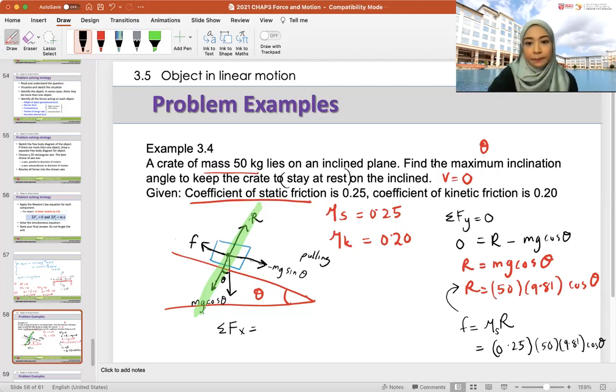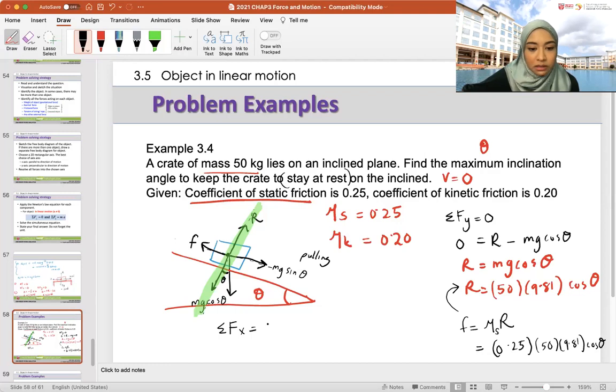Betul? Sebab look at the question. A crate of mass 50 kg lies on an inclined plane. Find the maximum inclination. It's asking us to find the theta to keep the crate at rest. Maksudnya tak bergerak lah. So Fy memang dah tak bergerak lah. So our Fx is also equal to 0. This is the condition of the question.